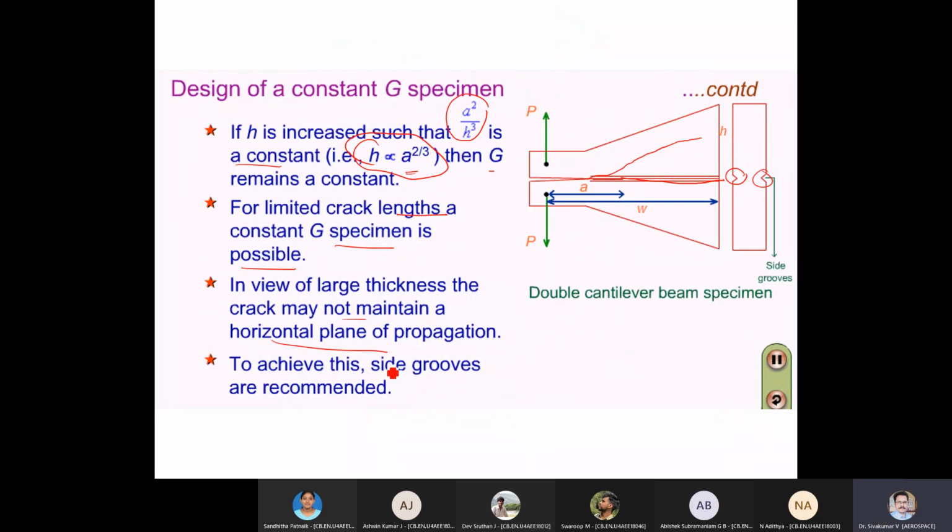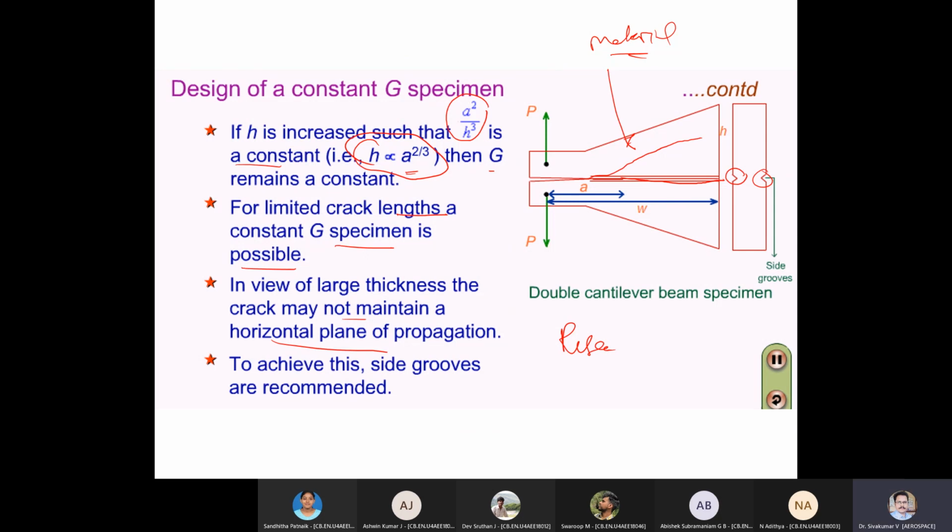Why do I need this? This is where the research comes in. Suppose I have created a material, some alloy, which I call Shiva metal.